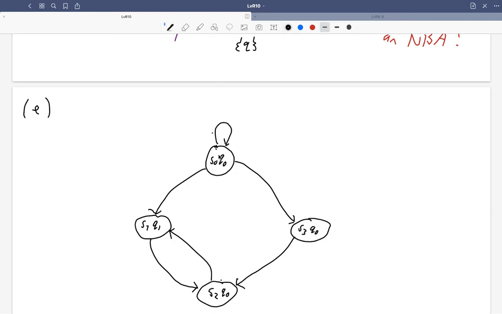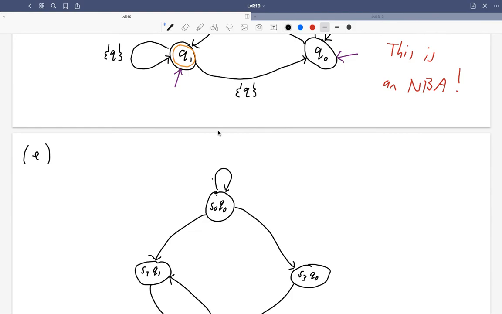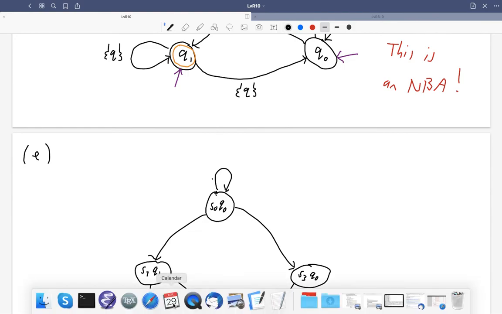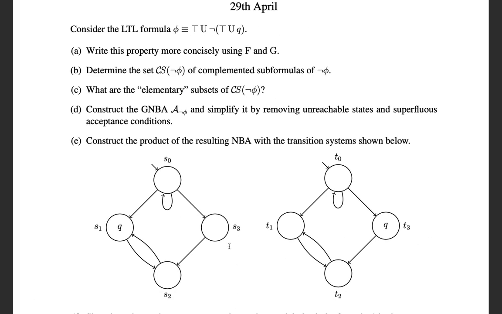And I think that's the correct picture. Let's have a look. Yes, indeed.